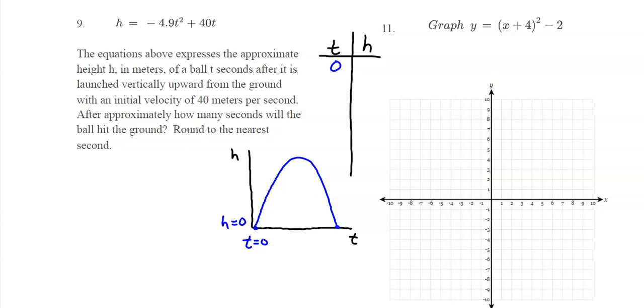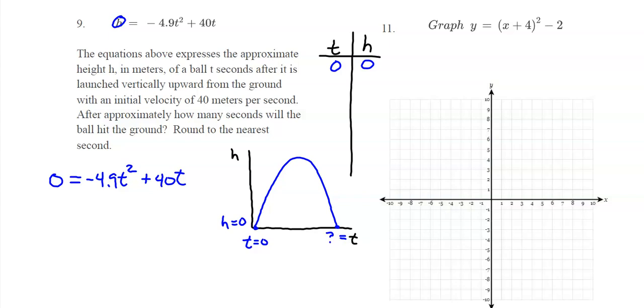So when time is 0, the height's going to be 0. But the other one, I'm not sure what this t is going to be when it hits the ground. So I got to find the zeros of the function. So to find the zeros of the function, I need to put 0 in and solve it. So 0 equals negative 4.9 t squared plus 40t.